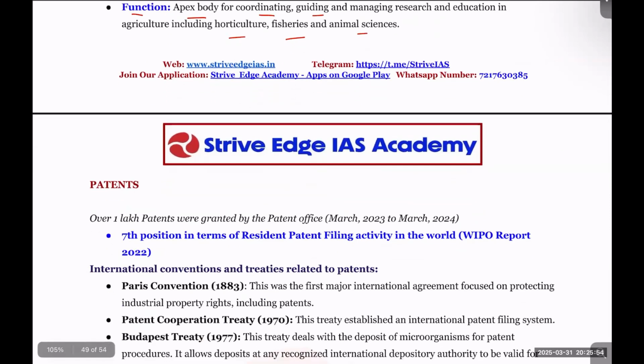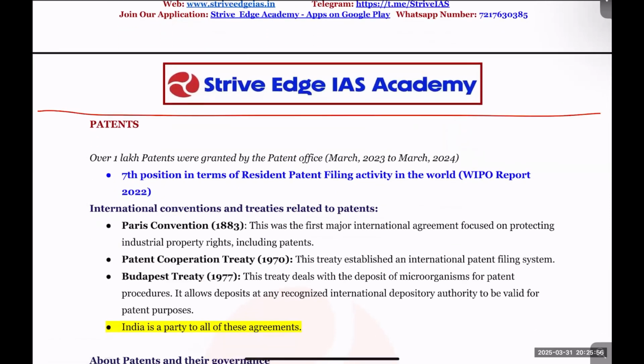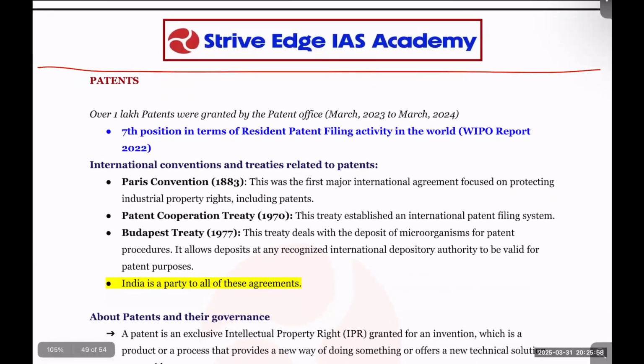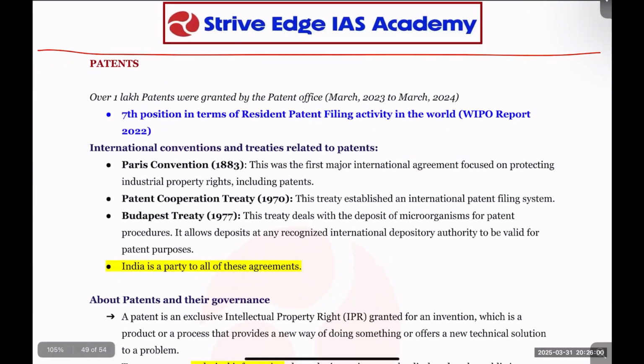So now the next topic that we are going to discuss is patents. If we talk about the data, over 1 lakh patents were filed at the patent office from March 23 to 24, and this is the first time that India has achieved this target, right? This also shows the increasing patent knowledge in India.